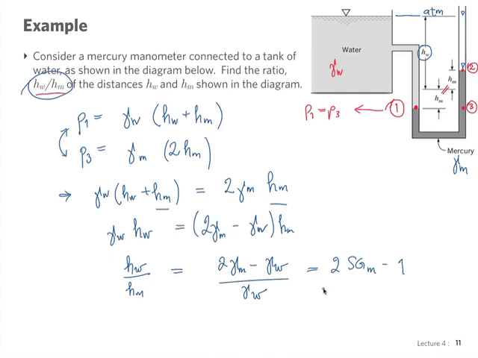And I actually can look up the value of the specific gravity of mercury and solve this from a table.